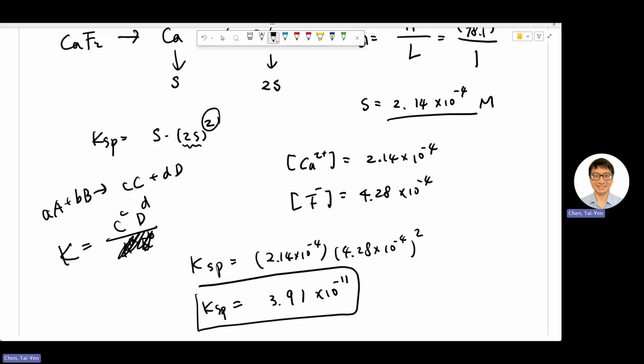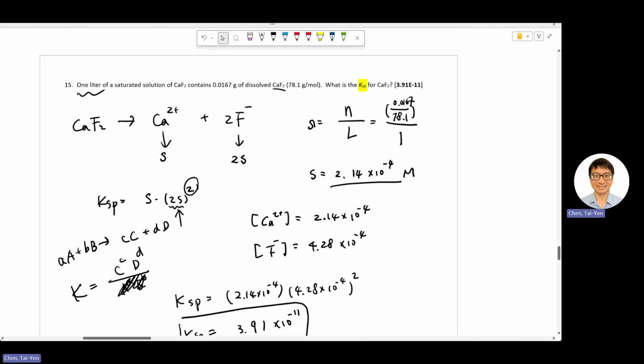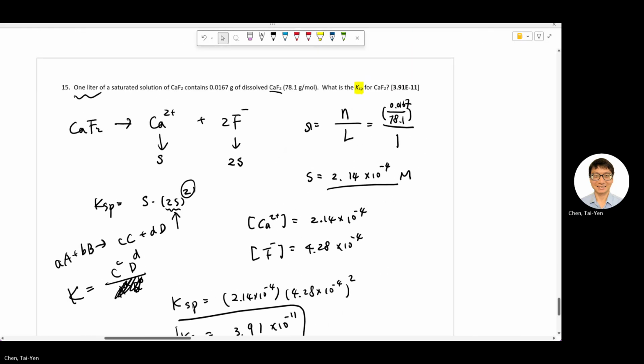Why do I have a 2S here? What does the 2S mean? 2S represents the concentration of the F−, and it relates to how many equivalents you can produce once the insoluble salt dissociates. Here it tells you one equivalent of CaF2 is going to produce two equivalents of F−.